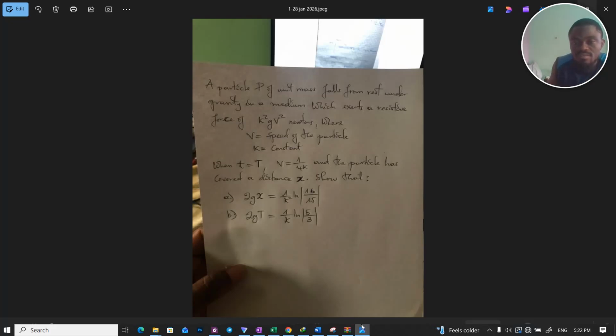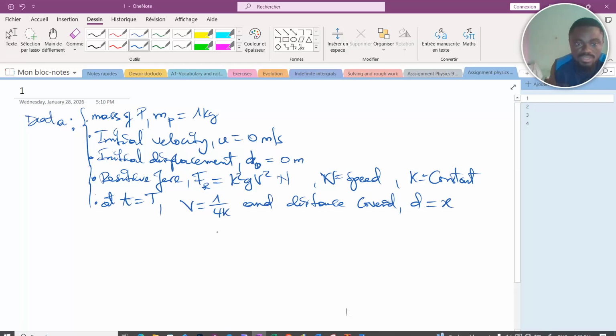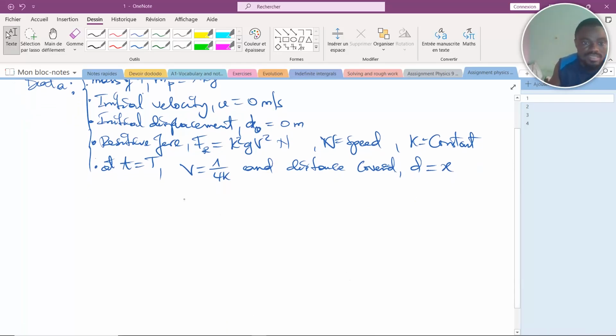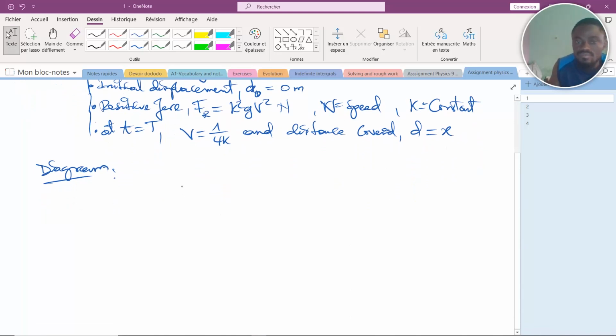The first thing we're going to do, we naturally draw our diagram first of all. So before starting the question, let's draw our diagram. They said the particle is falling under gravity from rest.